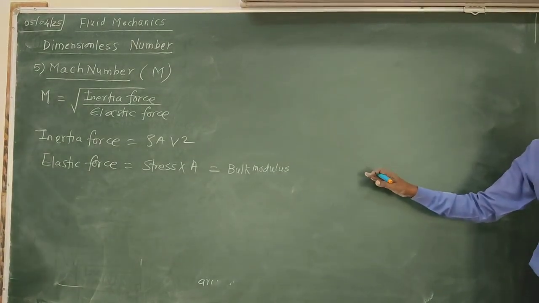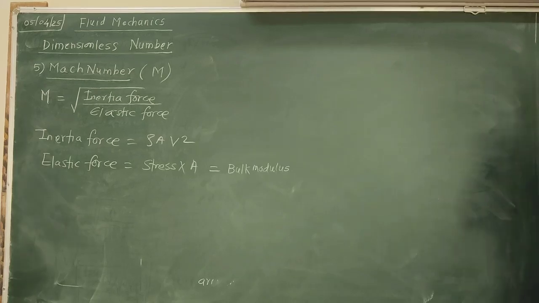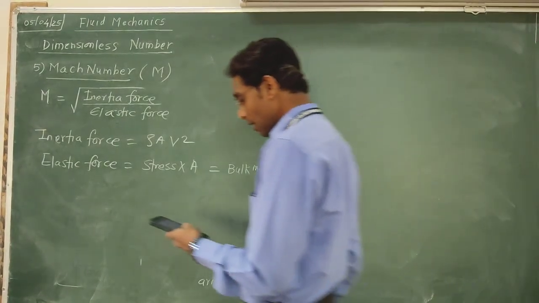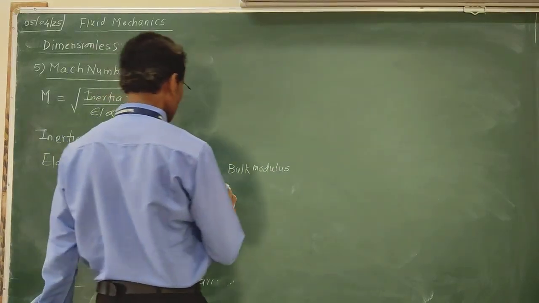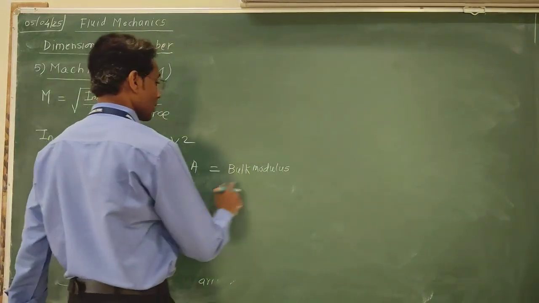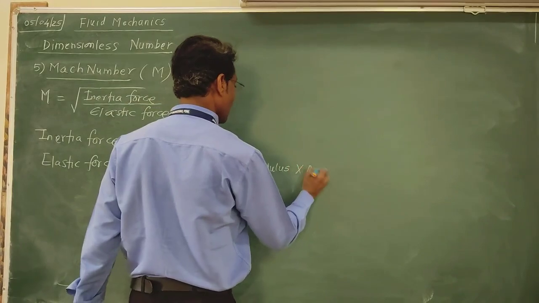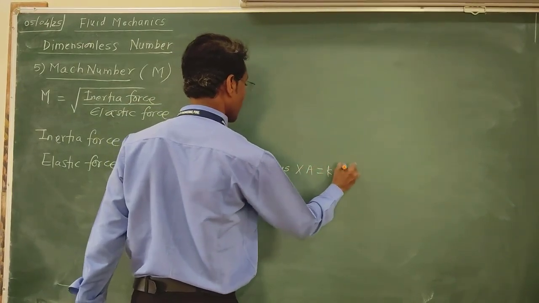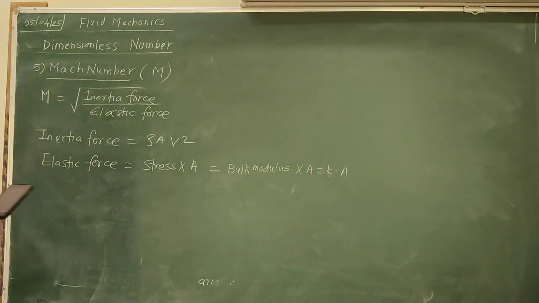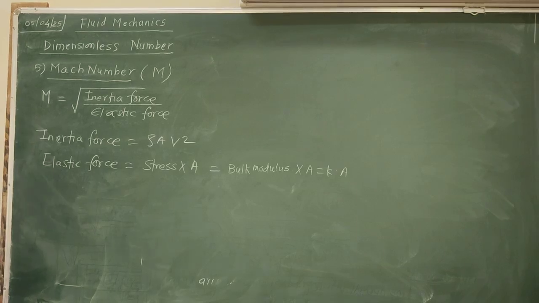That property is bulk modulus, and that is why we take the reciprocal of bulk modulus as compressibility. So K is here bulk modulus. So bulk modulus into area, so K into A is the elastic force.